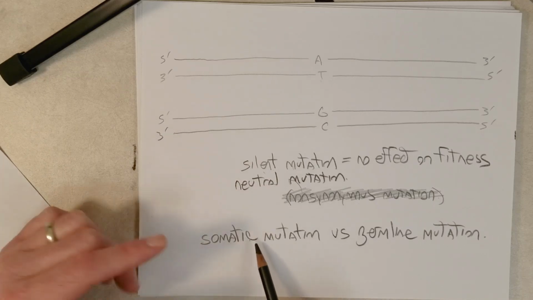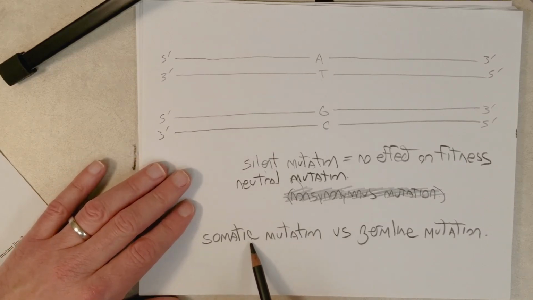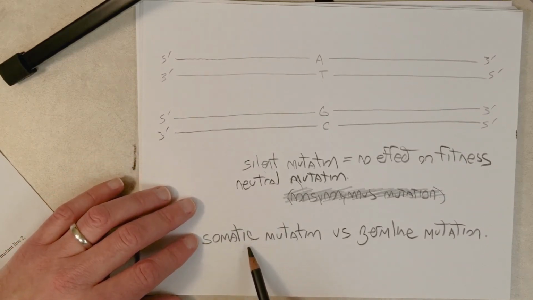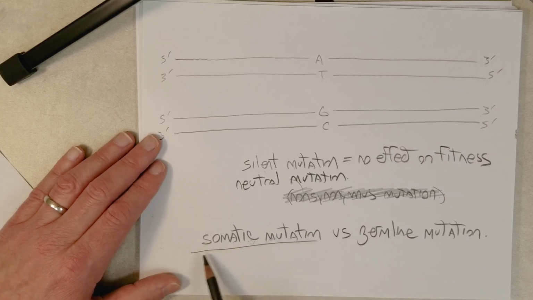Somatic mutations, a muscle cell, a skin cell, a cell in your eye, any mutations in those cells are somatic mutations, and importantly, they are not passed on to your children, right? They're not passed on to the next generation. They're still bad, right? Somatic mutations can lead to cancer, but they're not passed to the next generation.